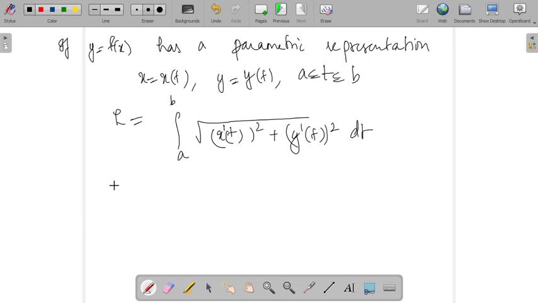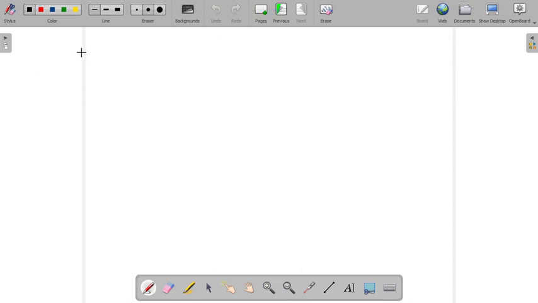So that's the expression for arc length in the parametric form. So let us see a few problems.